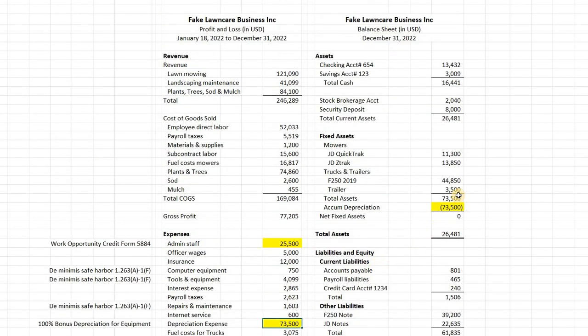That is for the full cost of all the fixed asset purchases, and that's because we are going to claim 100% bonus depreciation. Now, it's certainly possible and likely that you might have different depreciation standards for book purposes. In this case, they just wanted their depreciation to match what they had on their tax return. So that's why for book, they have the 100% bonus depreciation being recorded.